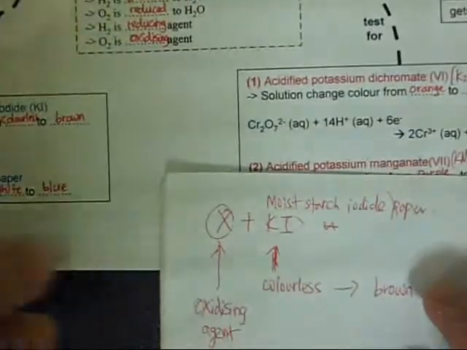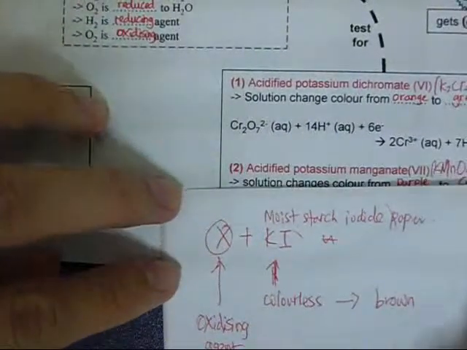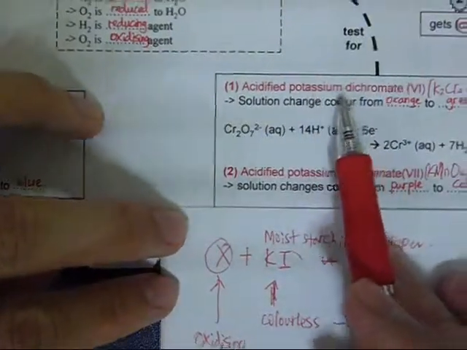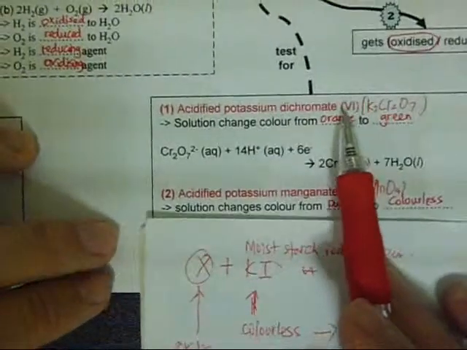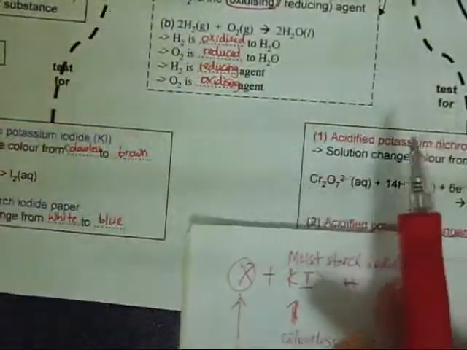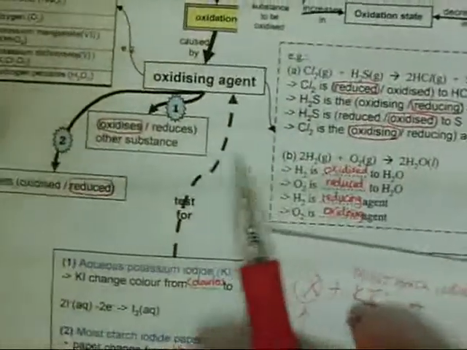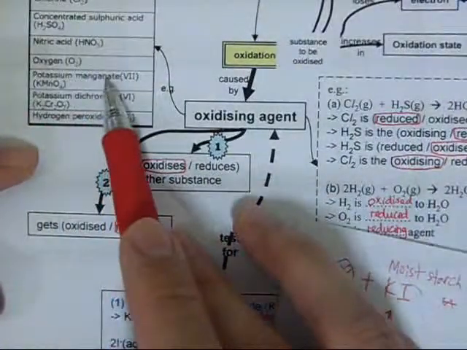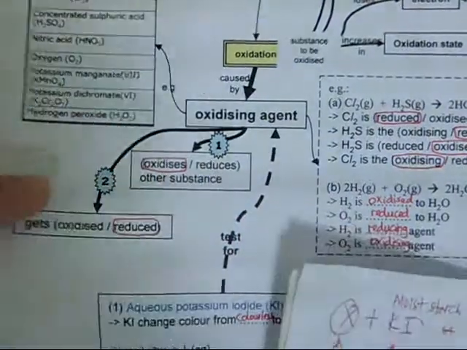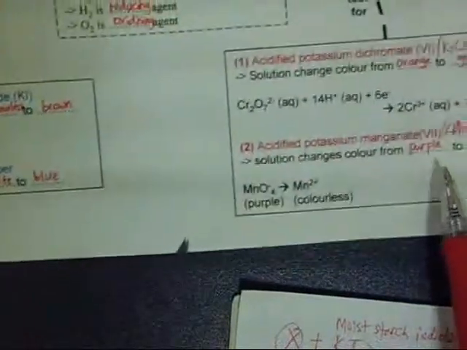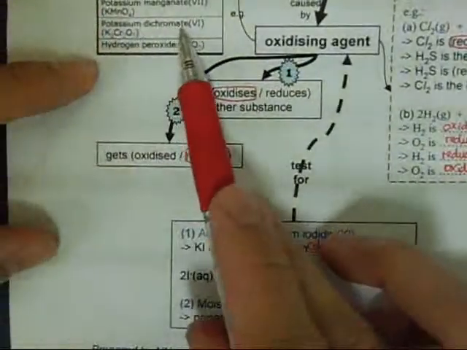Likewise for reducing agent. In order to test for reducing agent, I can use either acidified potassium dichromate, which is actually an oxidizing agent, or I can use acidified potassium manganate 7, which is an oxidizing agent.